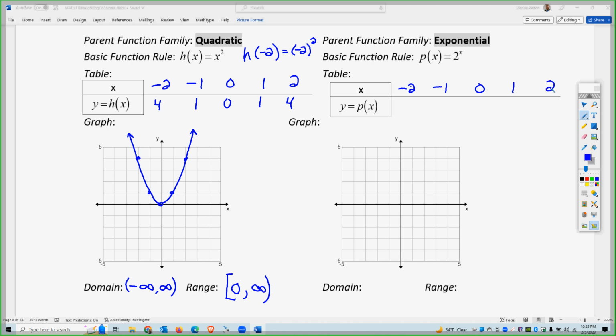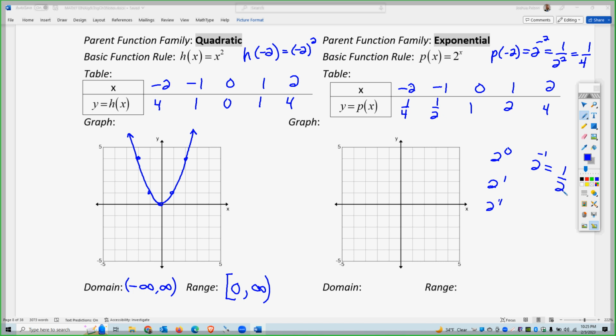If I do 2 to the -2, I'm going to get 1 over 2 to the 2, which is 1/4, right? 2 to the 0 is 1, 2 to the 1 is 2, and 2 to the 2 is 4, correct? I just did 2 to the -1, which is 1/2.